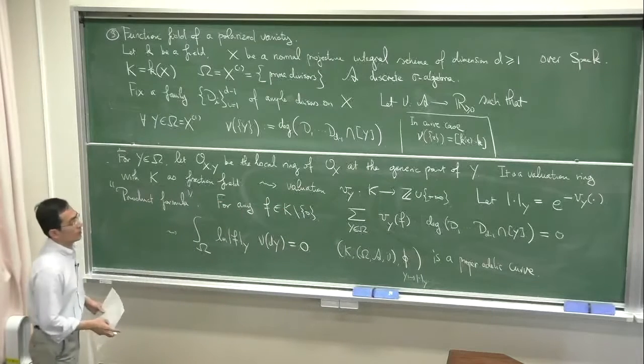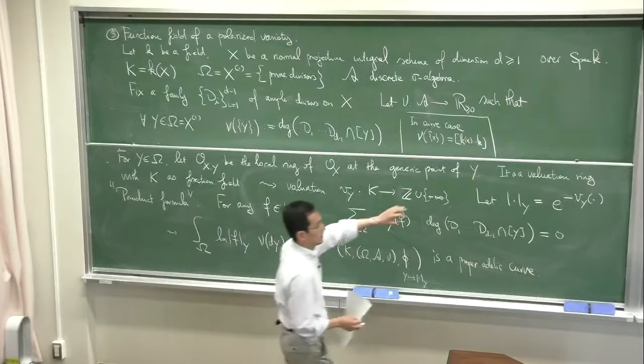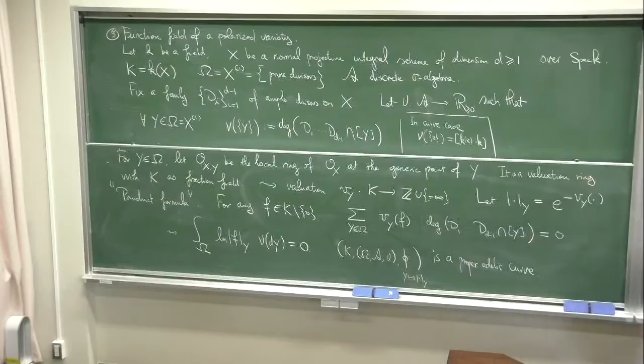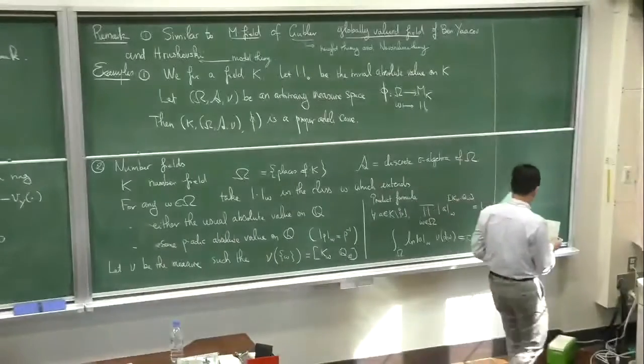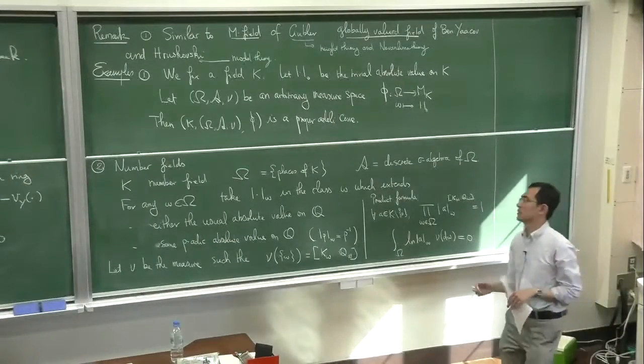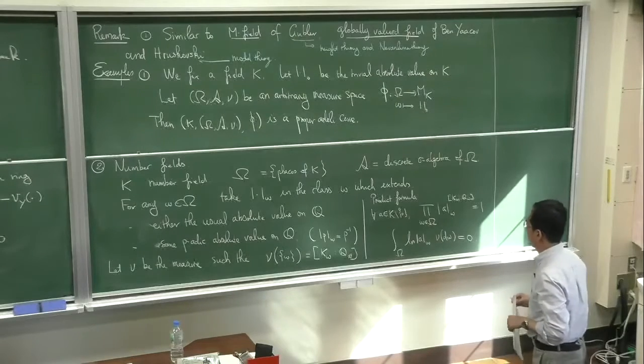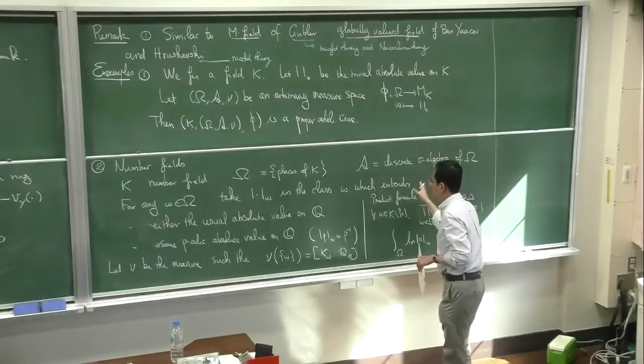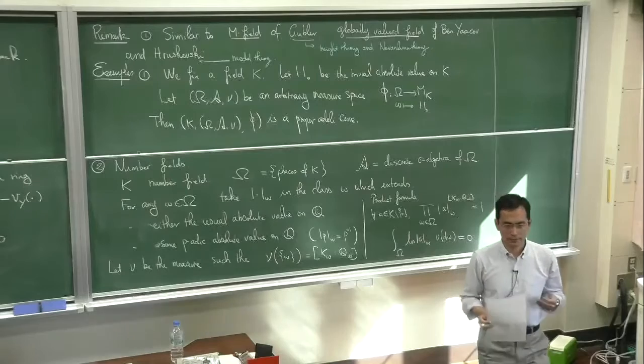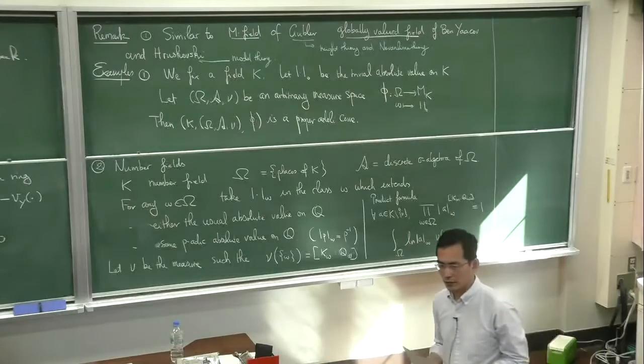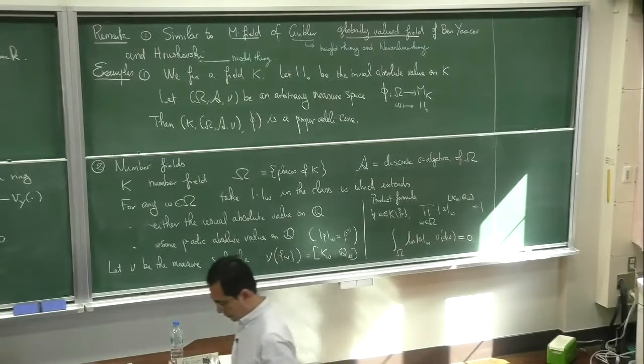Okay. So in all these examples, except the first one, which might be a little bit artificial, you will see that it's quite natural, in fact. So we have some discrete sigma algebra inside the structure of adelic curve.